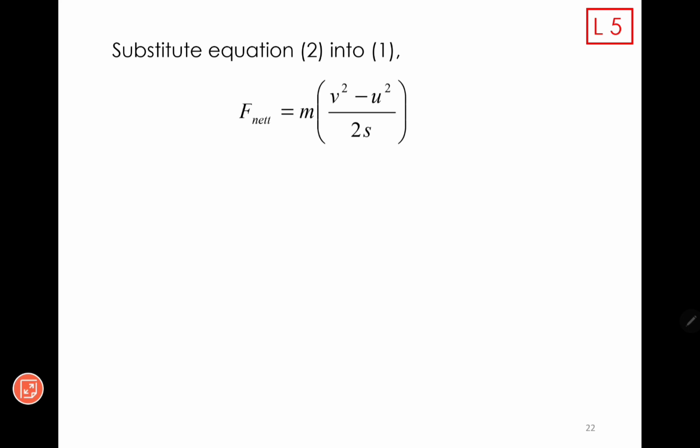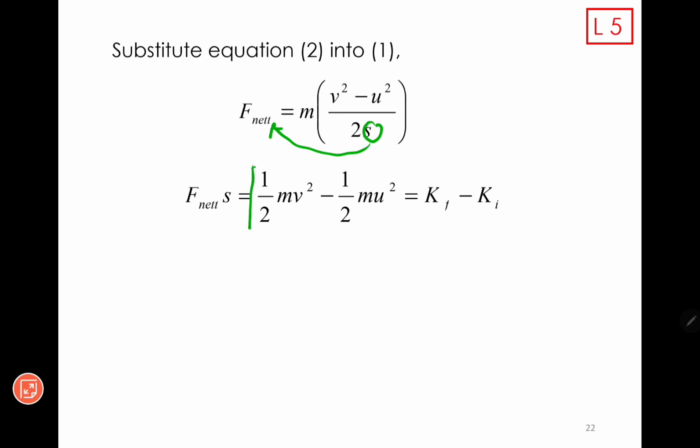We transfer s to the other side, giving Fs equals half m v squared minus half m u squared. Half m v squared represents K final, and half m u squared represents K initial, giving you K final minus K initial.